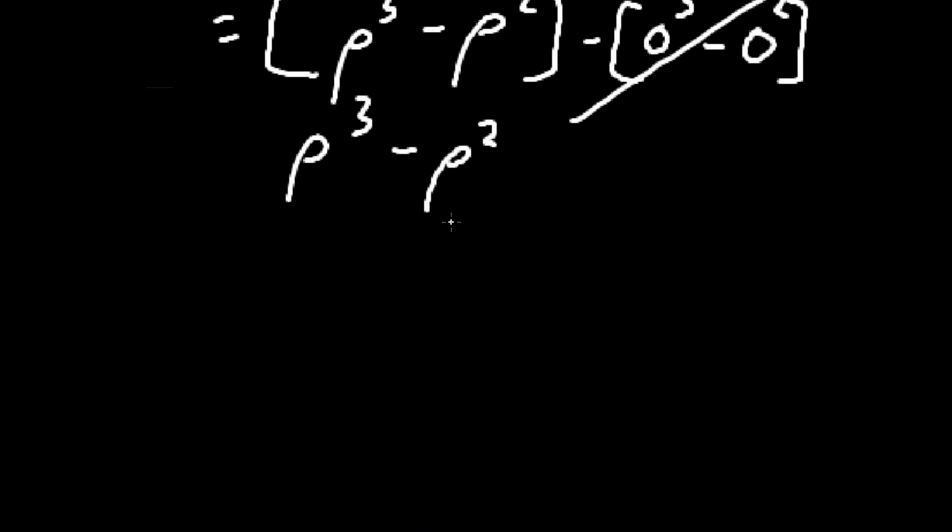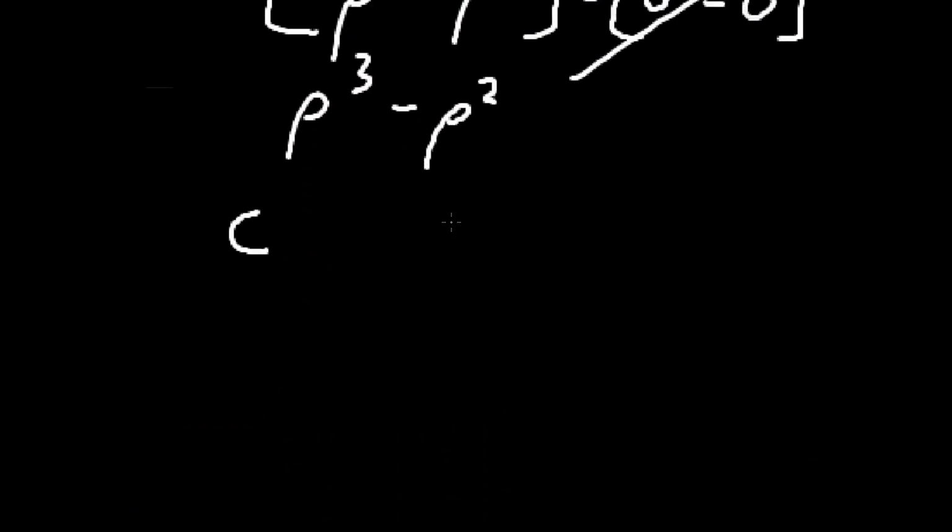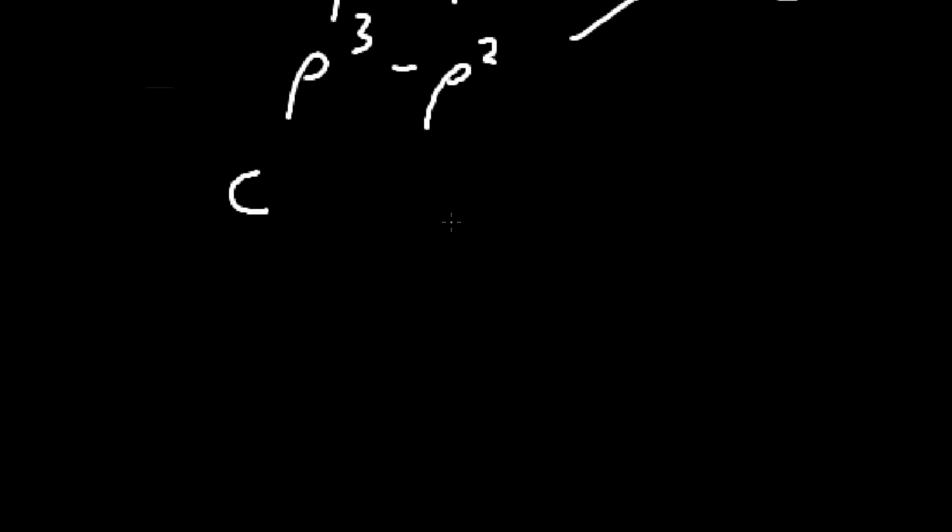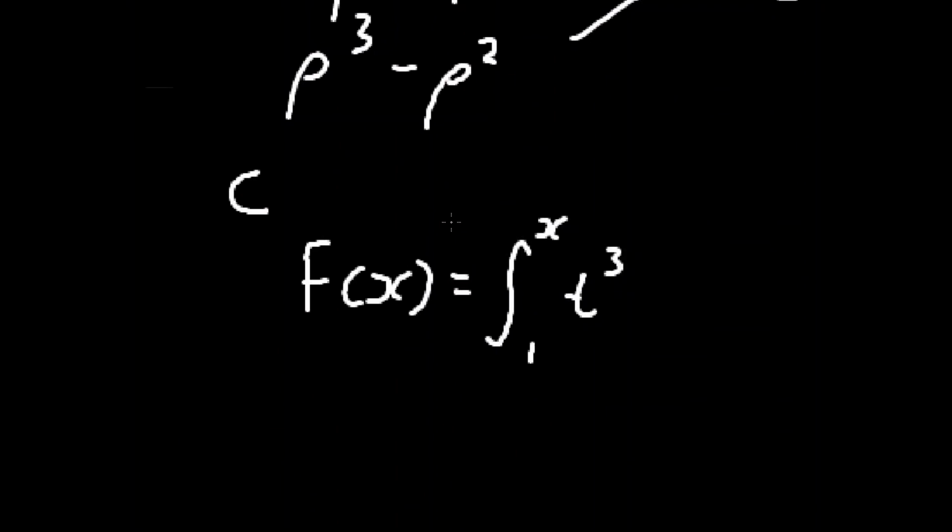So let's get on to part C, and that is we've got this funky expression from 1 to x of t to the power of 3 dt. We are trying to find the derivative of it. Because we're integrating it, and we're trying to find the derivative value, we know that that's going to be this t to the power of 3 business.